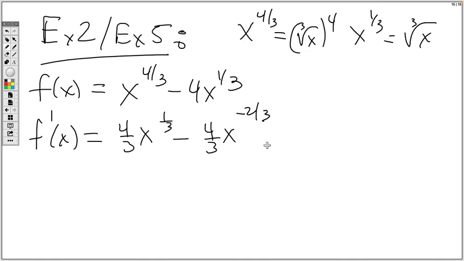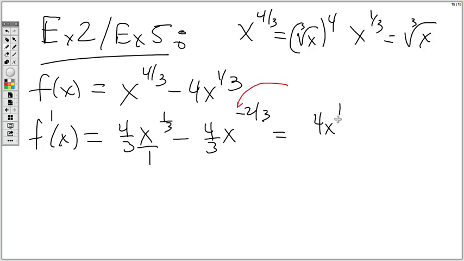And in order for us to more easily figure out where the derivative doesn't exist and where the derivative is 0, we want to get common denominators and things like that. So what do you remember about these negative exponents? When you have a negative exponent, it really means that this factor of x to the 2/3 resides where? It's really, yeah, this is in the denominator. So let's write this here.